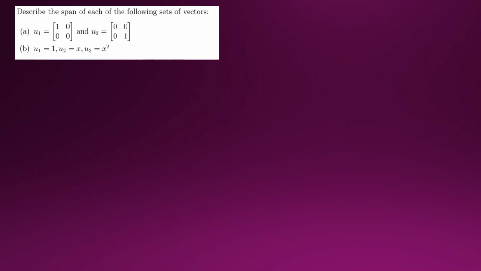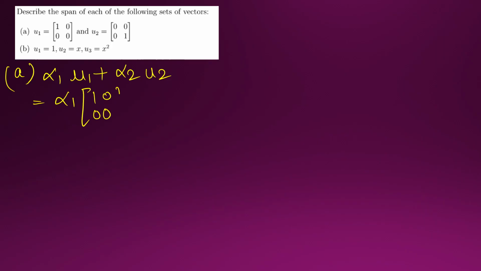So now this is the next question. This is saying describe the span of each of the following. So you have U1 and U2. I taught you alpha 1 U1 plus alpha 2 U2. I calculate in this way. So alpha 1 into 1 0 0 0 plus alpha 2 into 0 0 0 1.